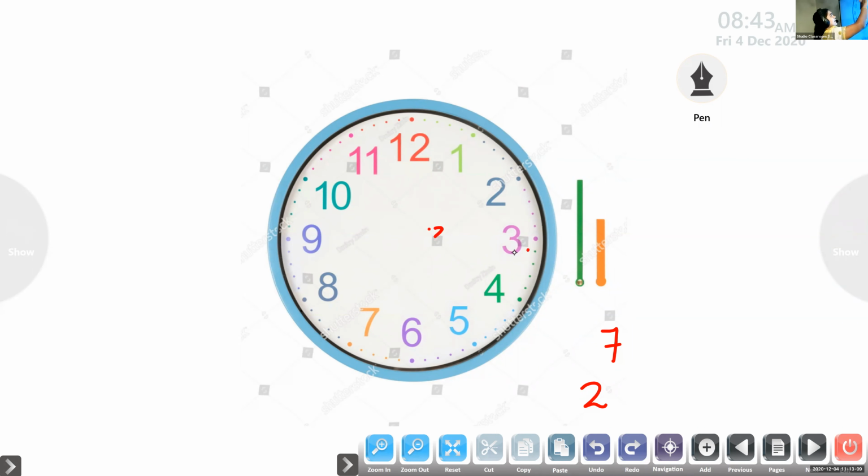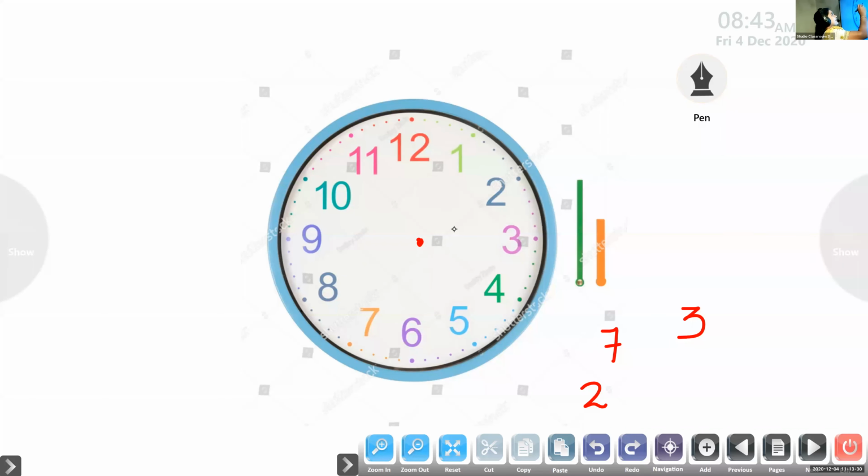If it is pointing like this, you can't say 3, because only if it is exactly pointing towards this point can you say it is 3 hours. If it is moving past the number, you have to say the previous hour.